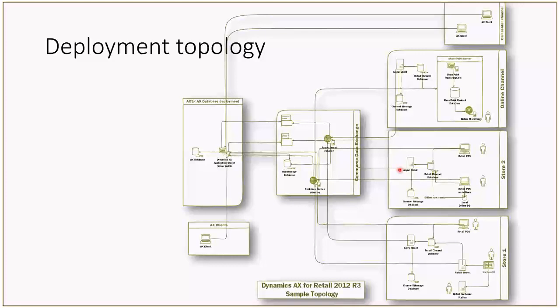Now you'll notice these async clients here and here and here. These are the components that directly connect with the async server. And what they essentially do is they replicate data into the channel database.